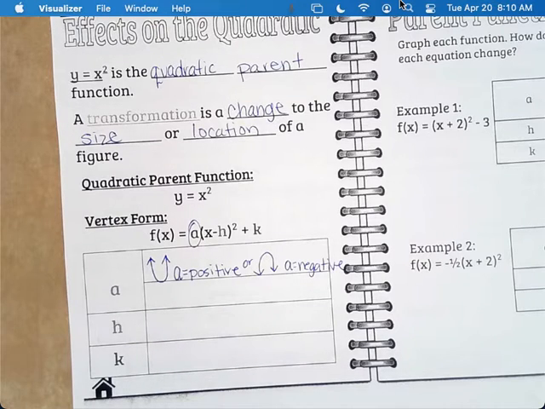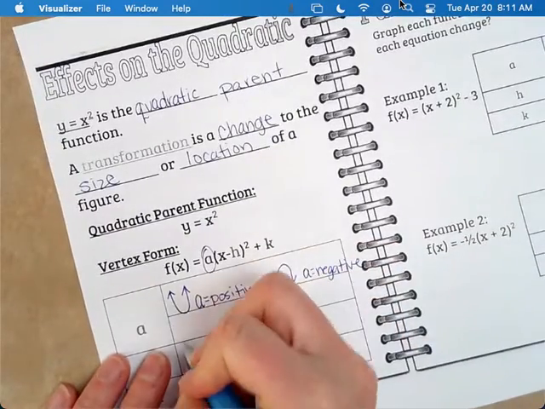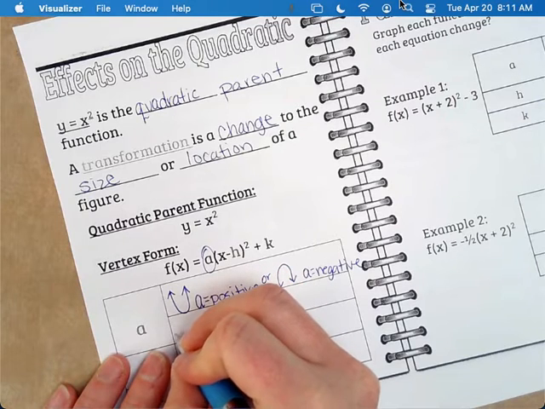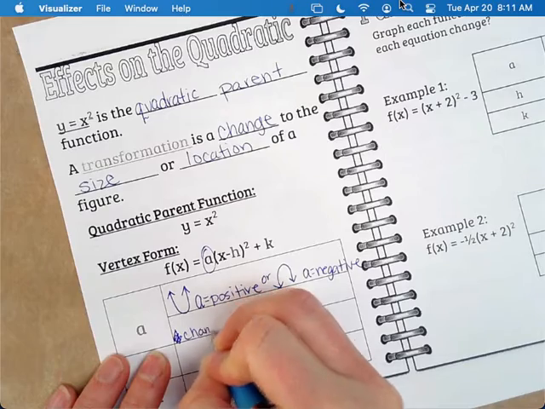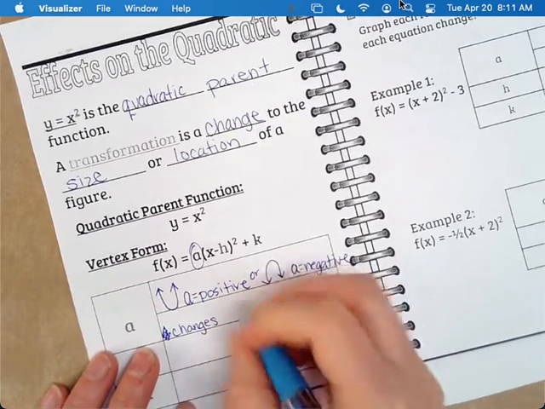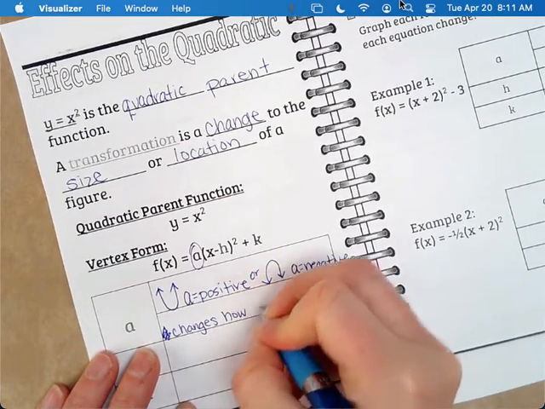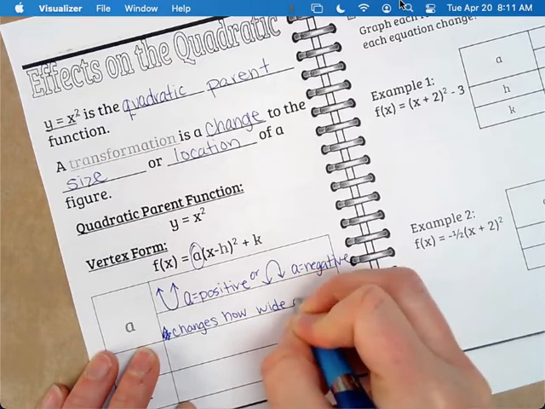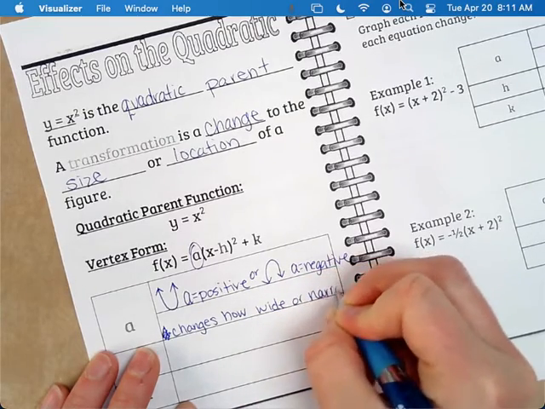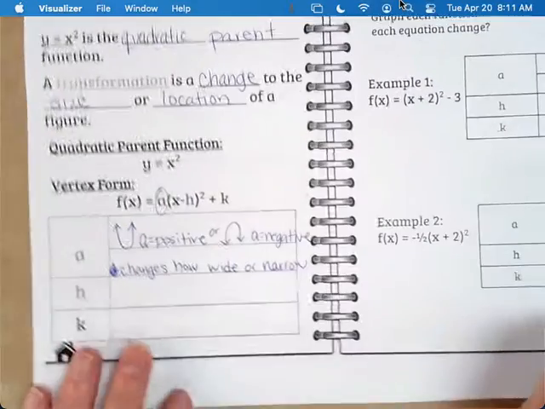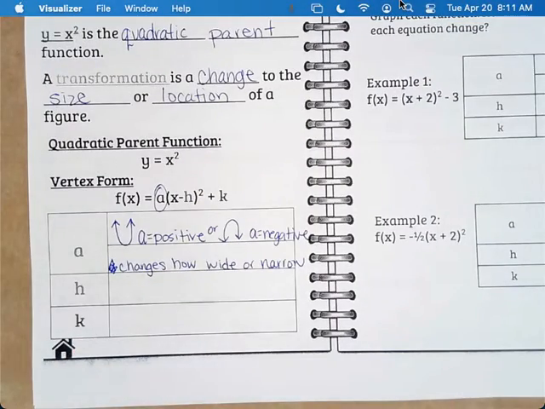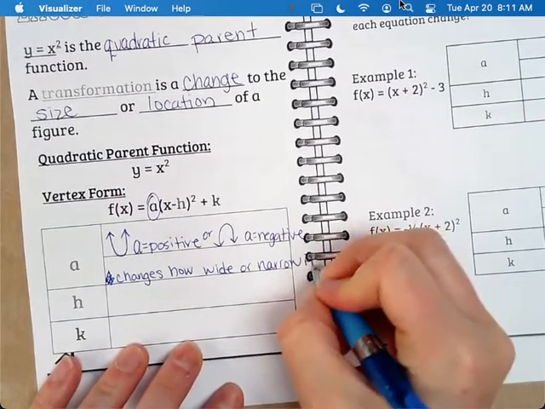And it also determines how wide or narrow it is, how fast it goes up.